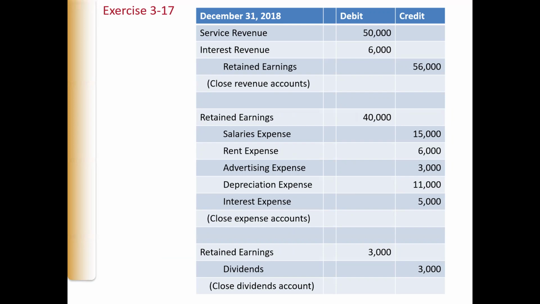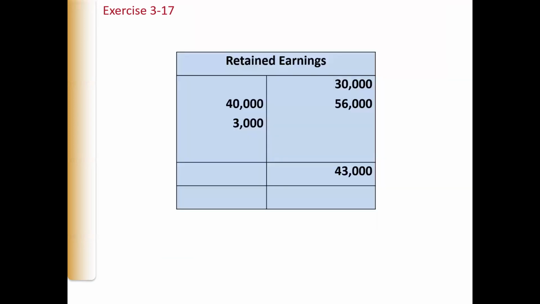And to close out our dividends, we're going to credit that also and close that to retained earnings. So after we've done all those closing journal entries, our retained earnings balance is going to be $43,000, and that will match the statement of stockholders' equity.